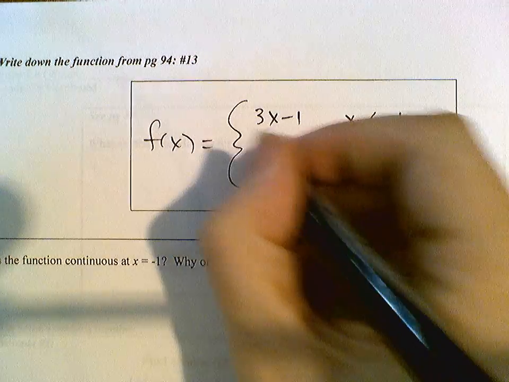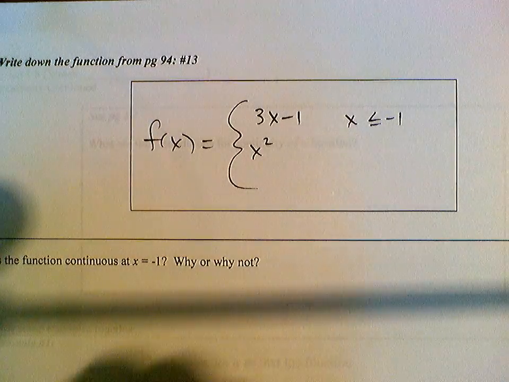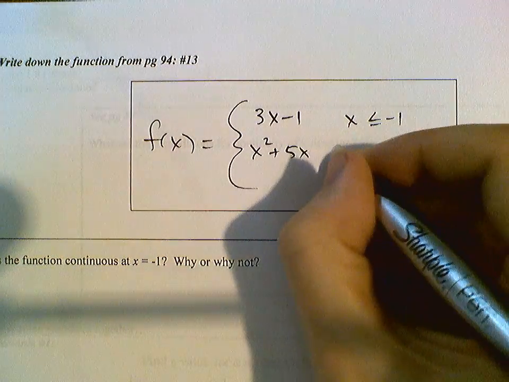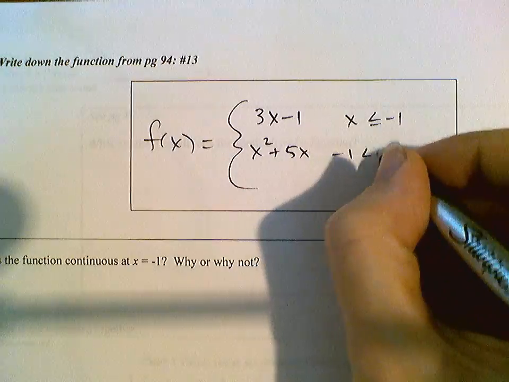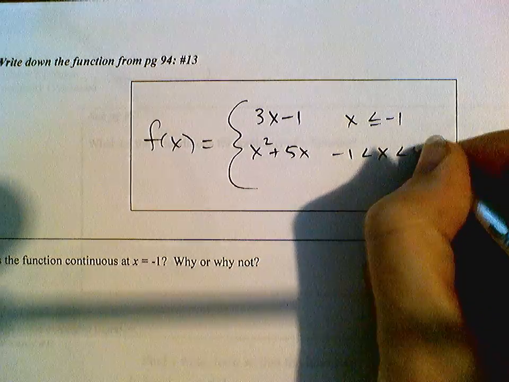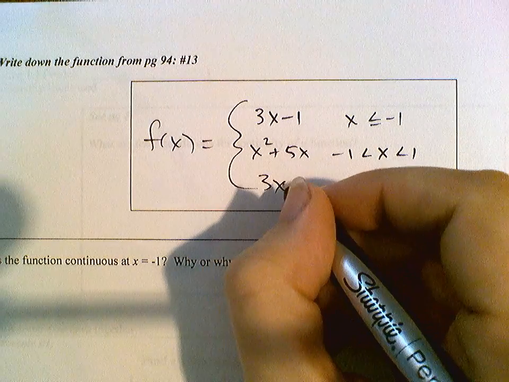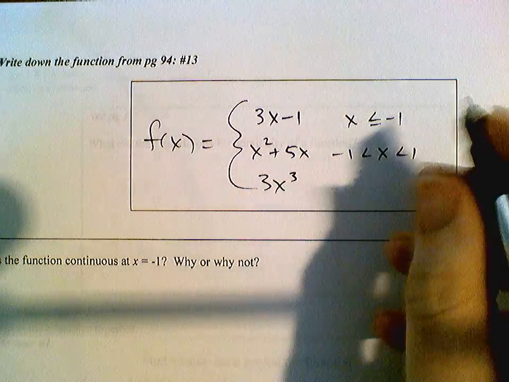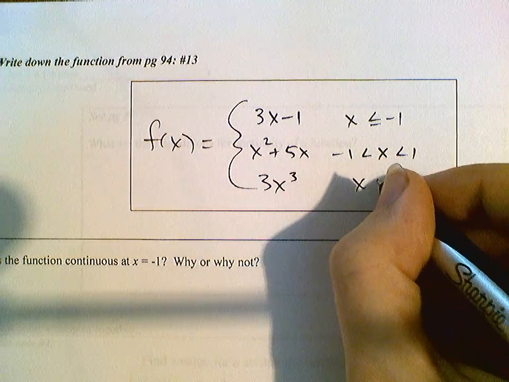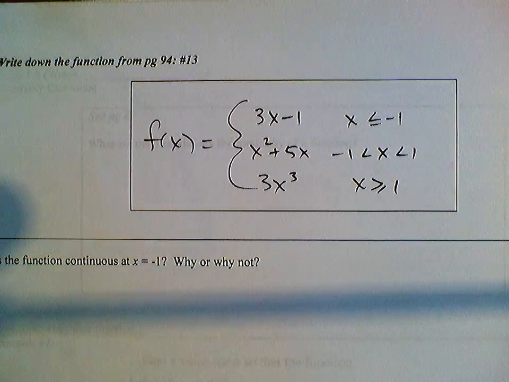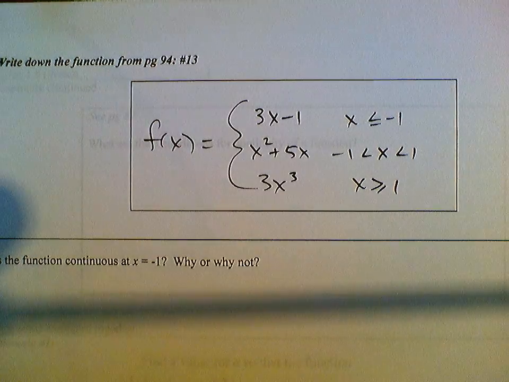The second piece is a quadratic, so it would be a parabola. And that's for these x values. And then the third piece is a cubic. And guys, you don't have to do this, but not a bad exercise at all to graph this, because it'd be a very nice visual.